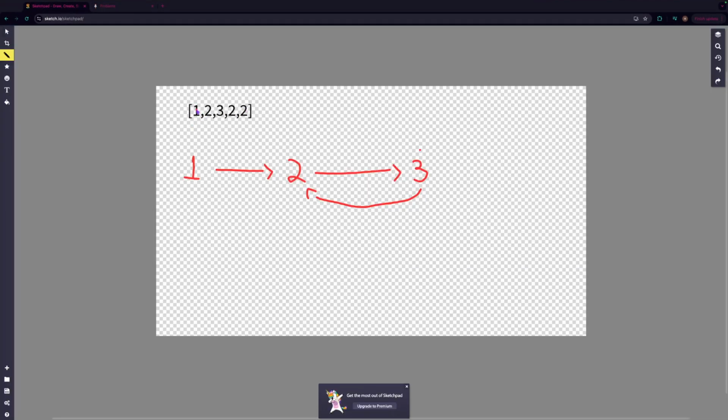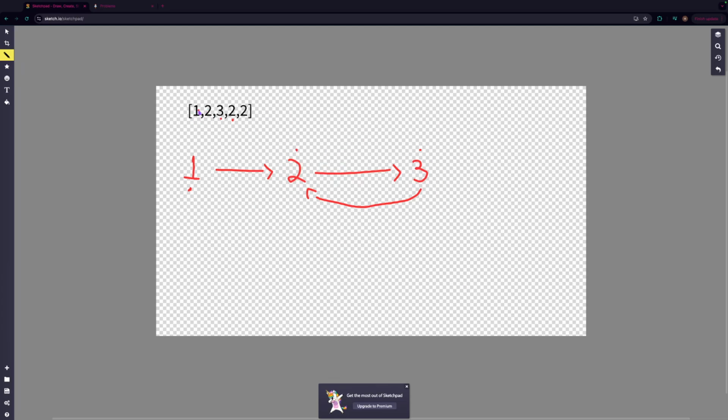At index 0, it takes you to index 1. Index 1 takes you to index 2 because there's a 2 here. Index 2 takes you to index 3. Then index 3 takes you back to index 2. So here, as we can see, there's a cycle in this linked list.